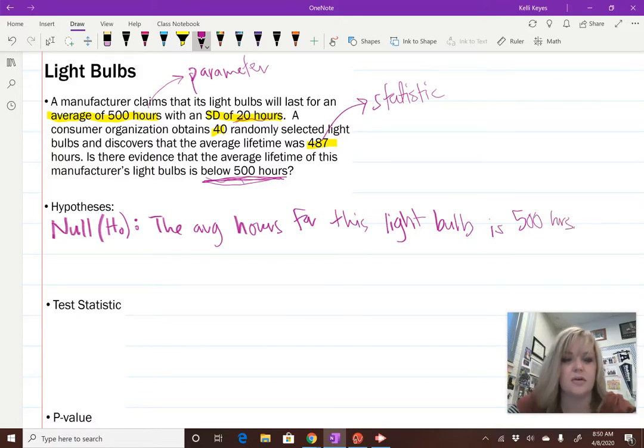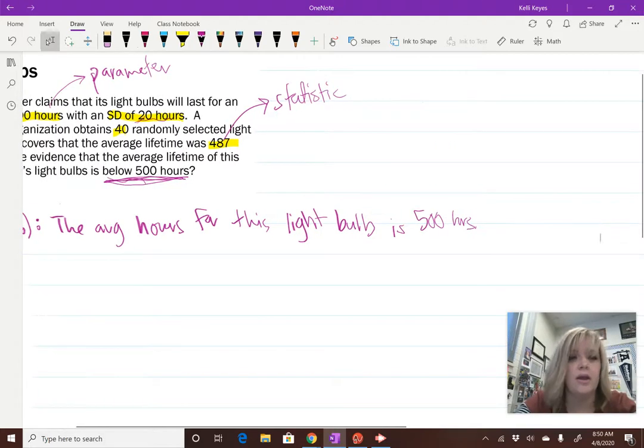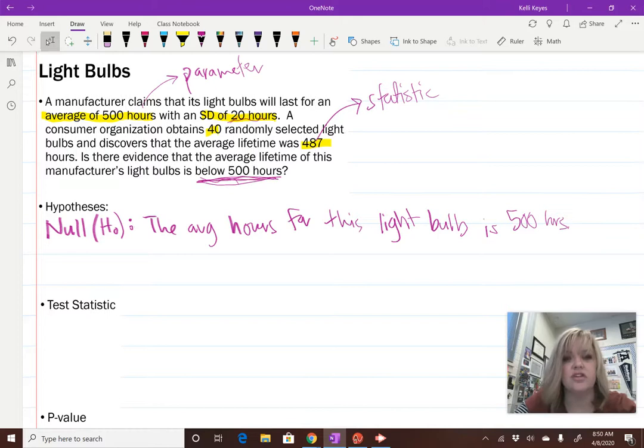Sorry for my sloppy handwriting. It's really hard to talk and write neatly. Anyway, the null is that the average hours for this light bulb is 500, or I could put equals 500. That's my equality right there.